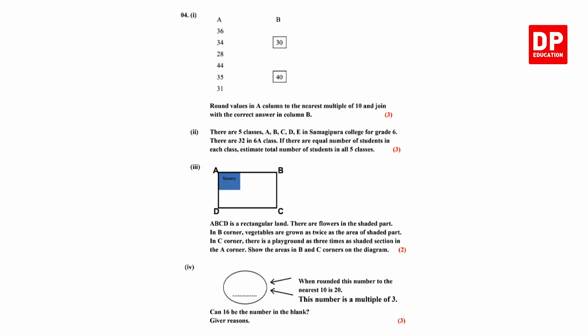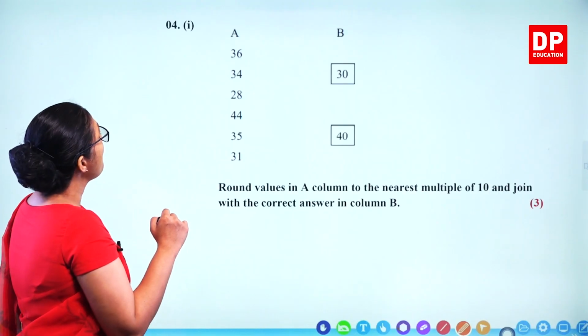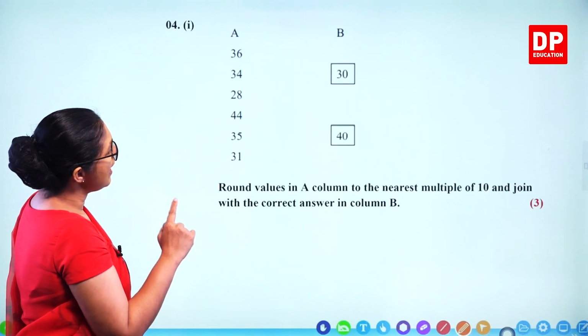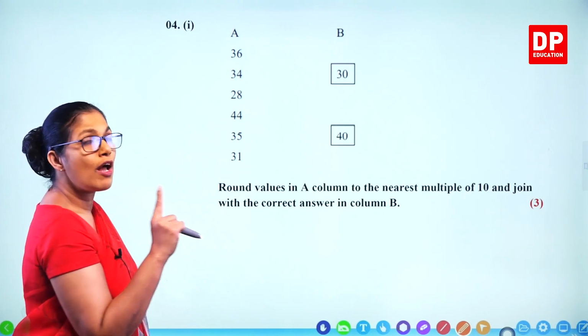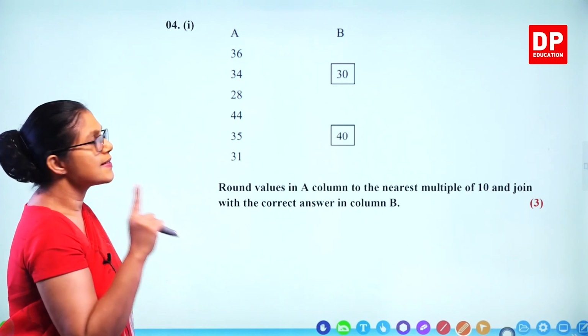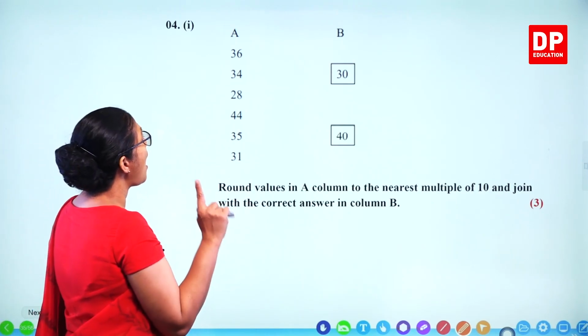Question number 4, you get 4 parts there. Round values in A column to the nearest multiple of 10 and join with the correct answer in column B. 36, 6 is more than 5, you round it up.